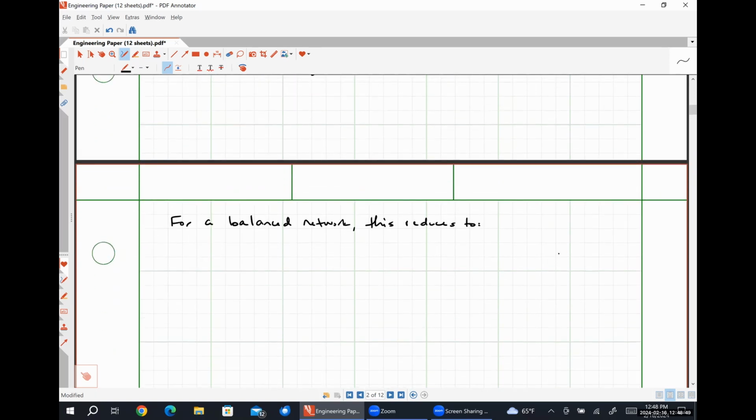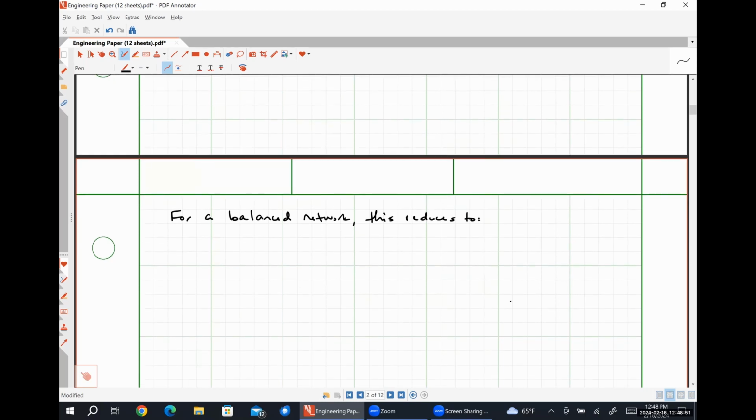so I'm just going to move that last term over to its own side of the equal sign.